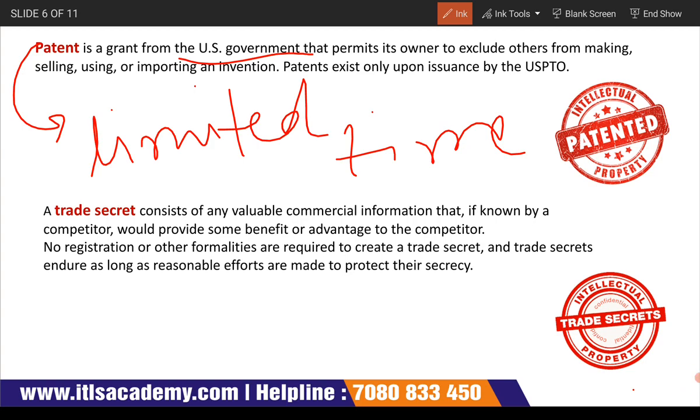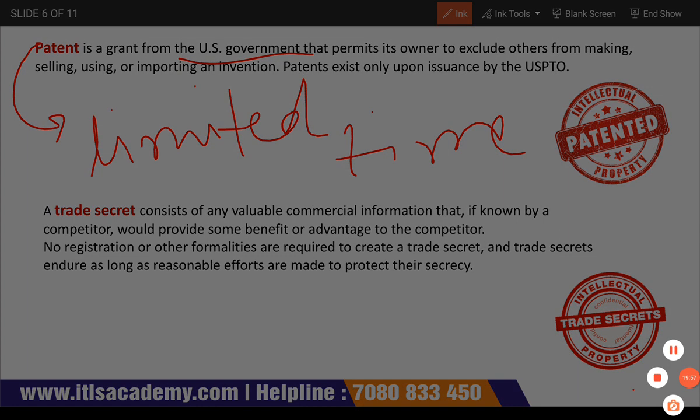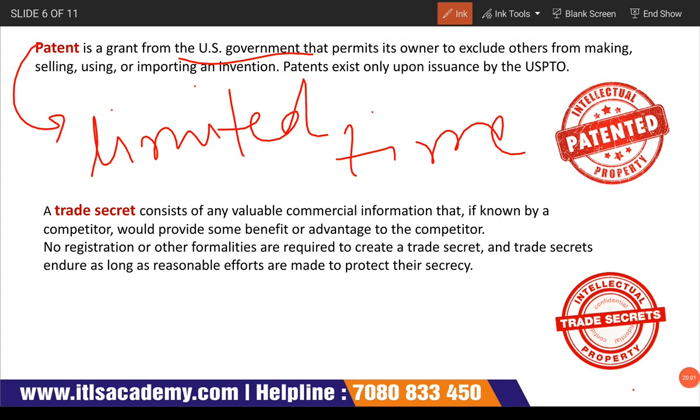Now the next is the trade secret. Trade secret consists of any valuable commercial information which, if known by a competitor, would provide some benefit or advantage to the competitor. No registration or other formalities are required to create a trade secret, and a trade secret endures as long as reasonable efforts are made to protect its secrecy.